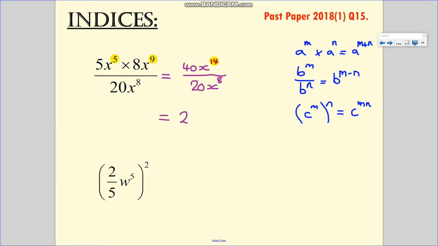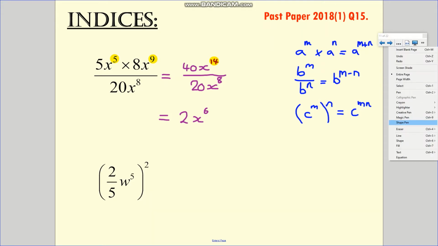Then we've got the same base raised to powers. We're going to do 14 take away 8, just like the second rule in our listed rules of indices tells us. Okay, 14 take away 8 is 6, so I'm left with x to the power of 6. My final answer is 2x to the power of 6.